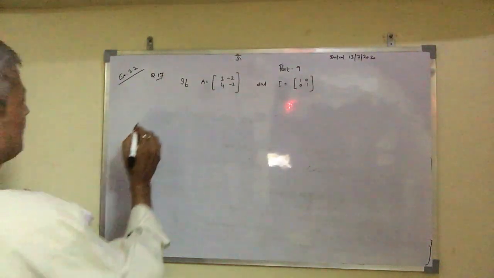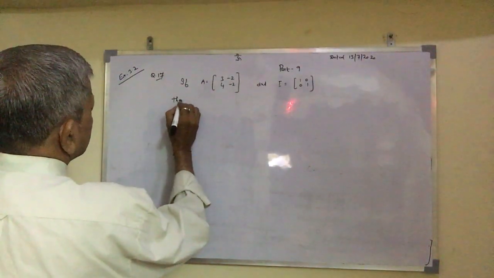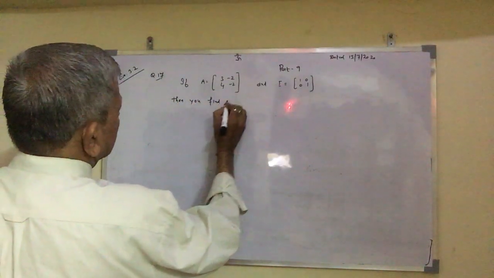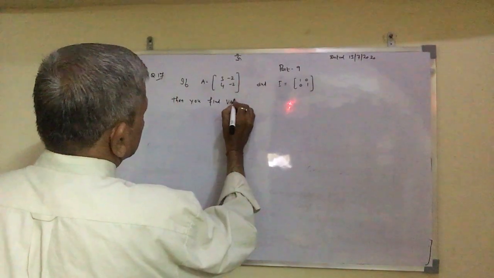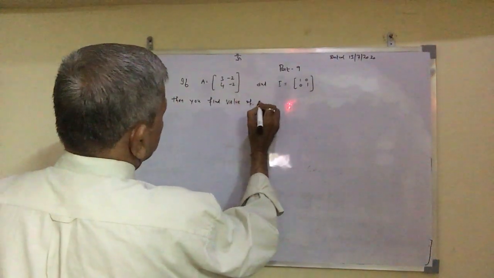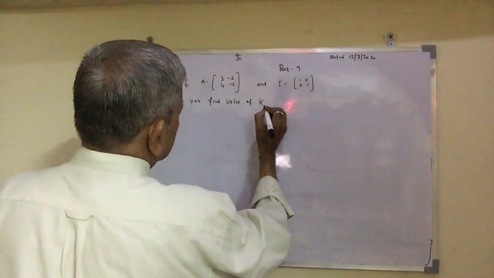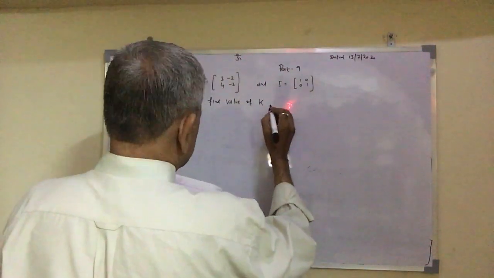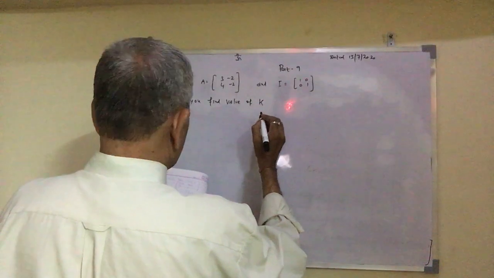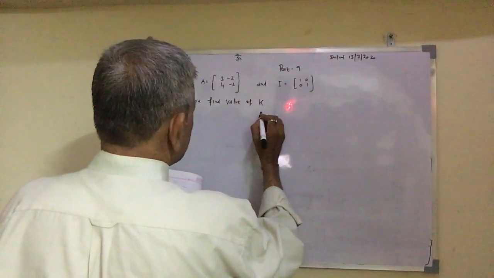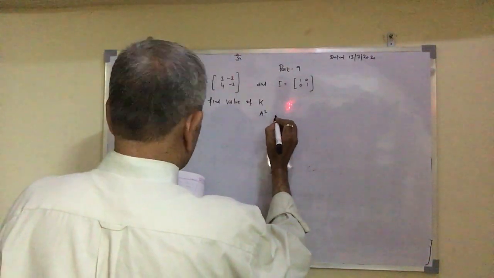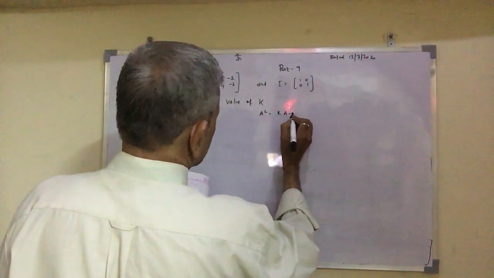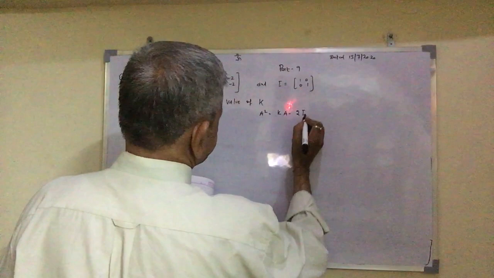Then you have to find the value of k by the equation which is A square is equal to k times A minus 2I.